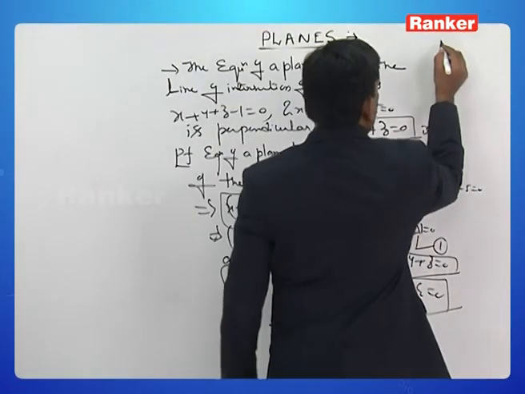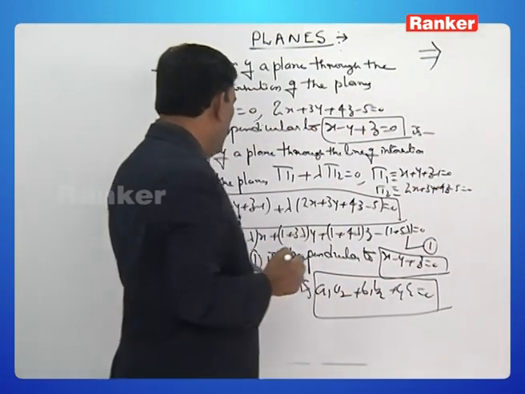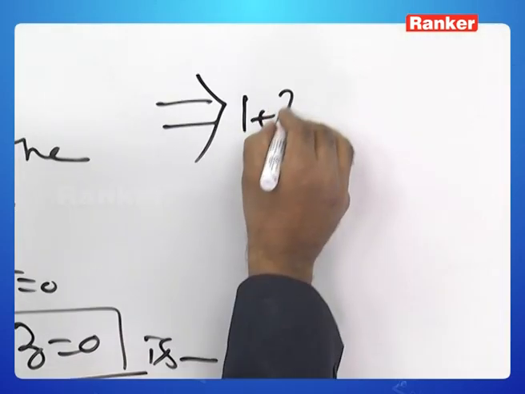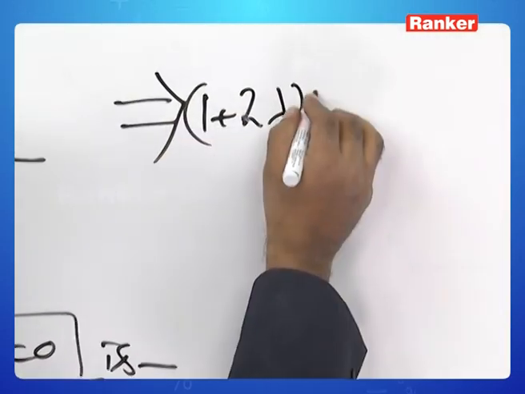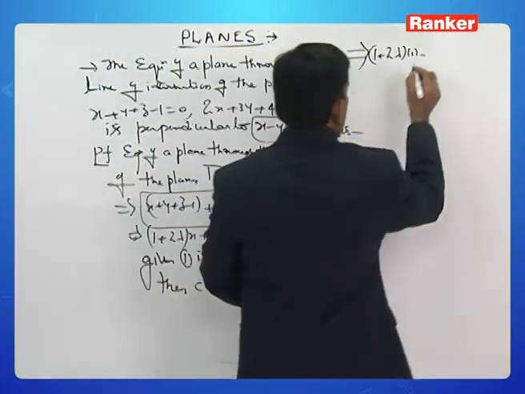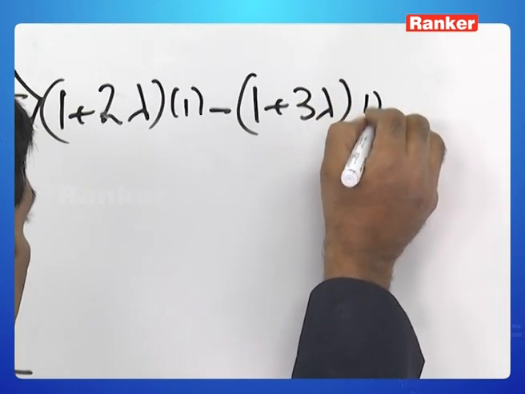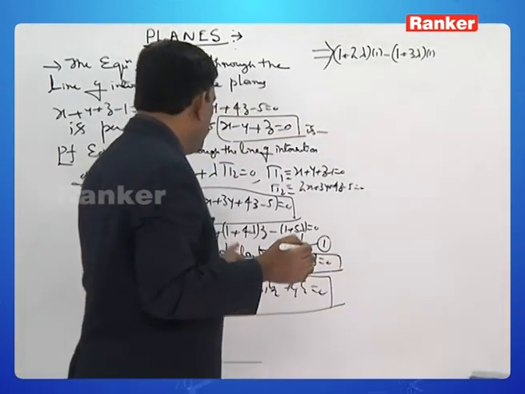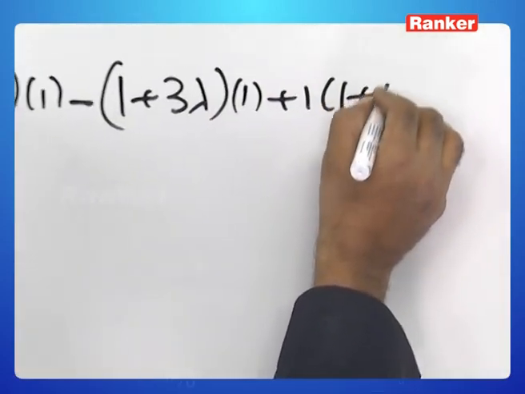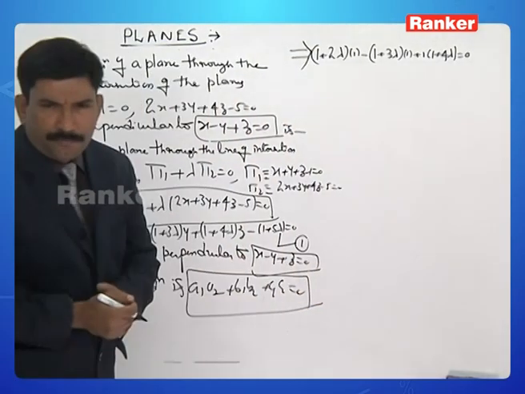Now, with this condition, apply (1 plus 2 lambda) into 1, next (1 plus 3 lambda) into minus 1, next (1 plus 4 lambda) into 1, is equal to 0, right?